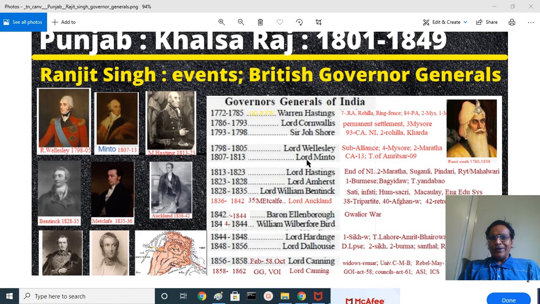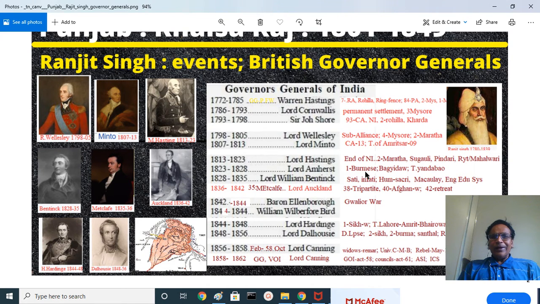Before that, during Lord Minto's time, Charles Metcalfe came, and the Treaty of Amritsar was made, and the Maharaja could not venture and move his army south of the Sutlej. That was agreed. And the next major ruler was Lord Amherst. The Burmese war was fought, and the British territory moved further from Chittagong into Arakan and Rangoon, Mandalay, Pegu and all those regions.